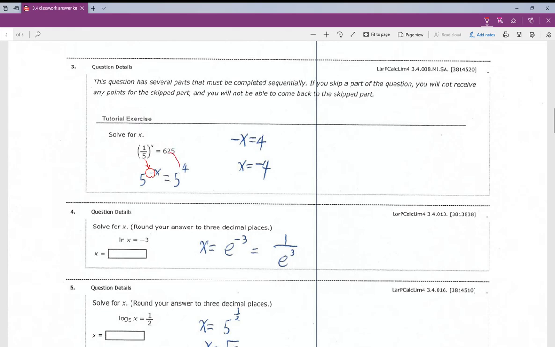And you try to change the base to 5. Now, when you have the same base, you simply cancel out the same base. So you have negative x equal to 4, and solve for x. The rest of the questions are the same thing.